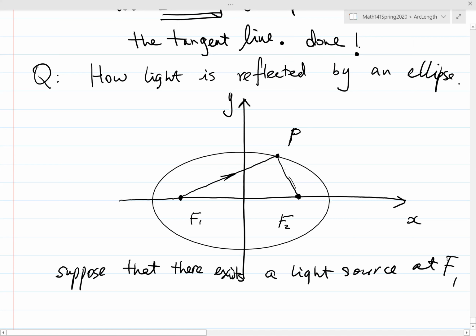The conclusion is for any ray F1P, whatever point P on this ellipse, the reflected light always passes through the point F2.